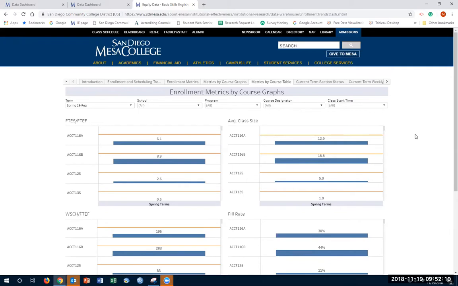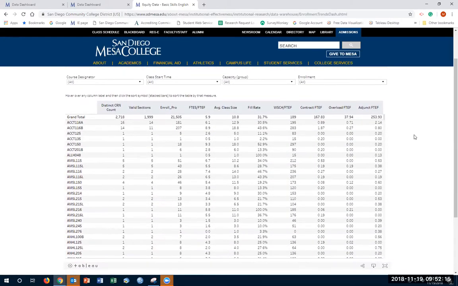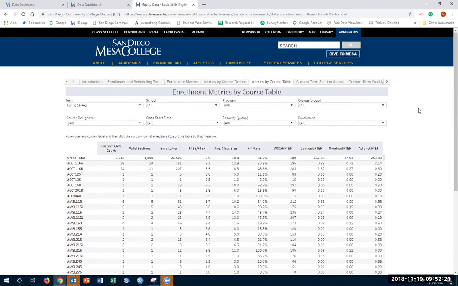The next tab gives me the same information, but just in tabular form. Again, you may want this data to be displayed in a table rather than a graph, so this gives you that same information. It also includes the separation of contract FTEF, overload FTEF, and adjunct FTEF, which are the 3 different types of assignments that we track.